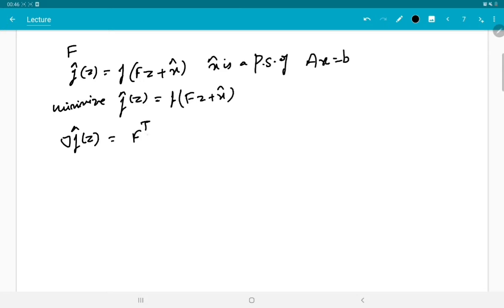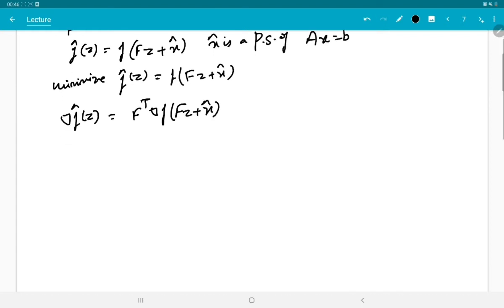The gradient is F transpose times the gradient of f at (Fz plus x hat), and the Hessian is F transpose del square f (Fz plus x hat) F.